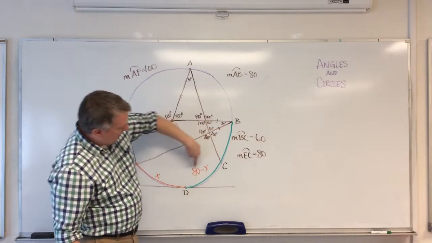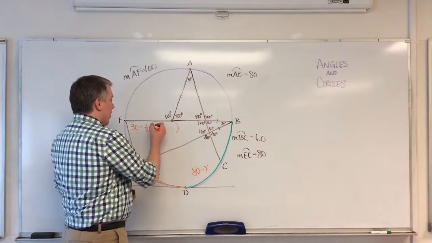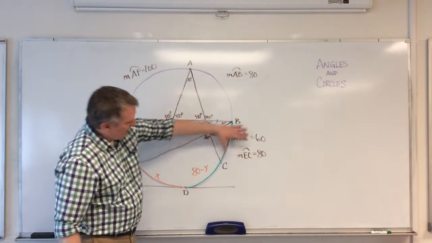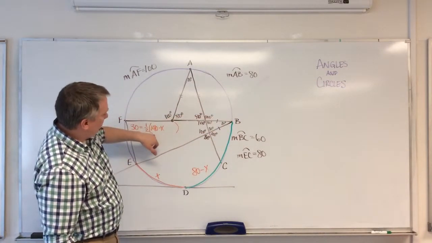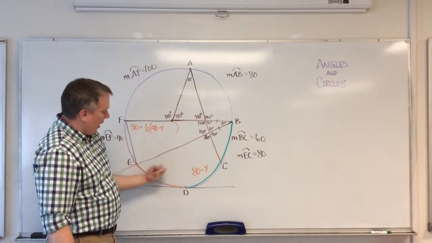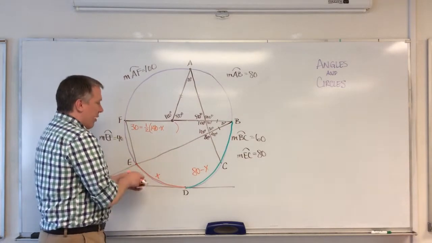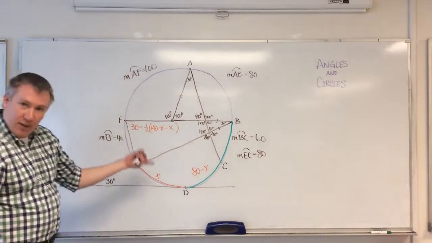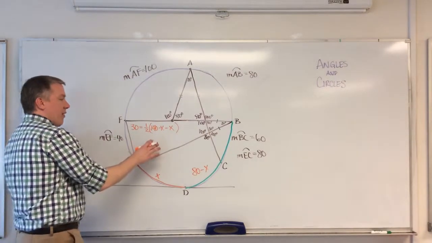So 60 plus 80 is 140 minus x, because that's part of that there. So this whole arc is 140 minus x. And then I subtract this inside one, so I'm subtracting x. And here we actually have a formula here that has one variable we can solve. So I'm going to do that very, very quickly.